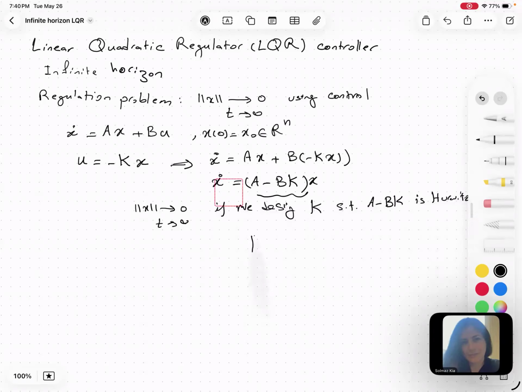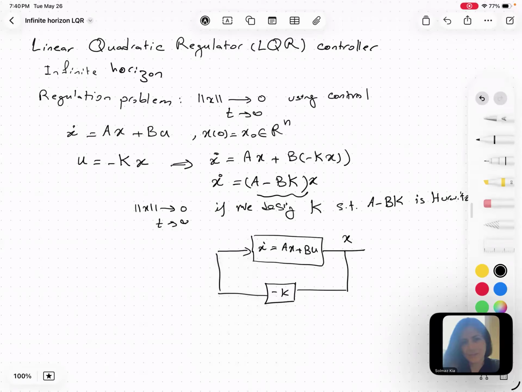And if you want to look at the block diagram form, this controller acts like this, sending control into the system. And you have seen through extended control problems that we later looked at that, after designing this state feedback, this could also serve as an internal controller for other objectives as well.